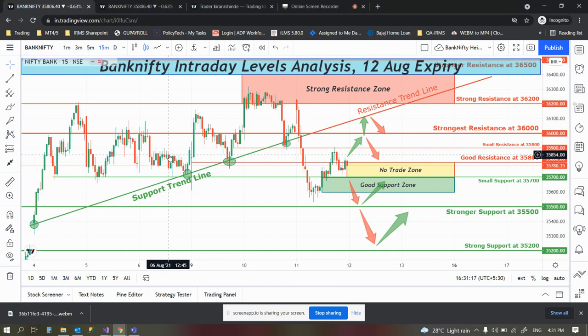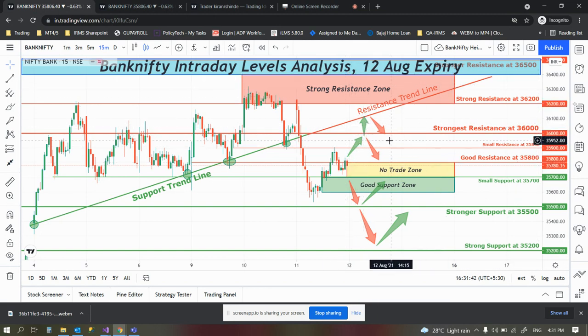Okay, 35,850. If it crosses this particular level, then go for a buy, and then you can see market going up to 36,000 levels. From there we can see a downfall as well, considering the resistance is very strong around this particular level.